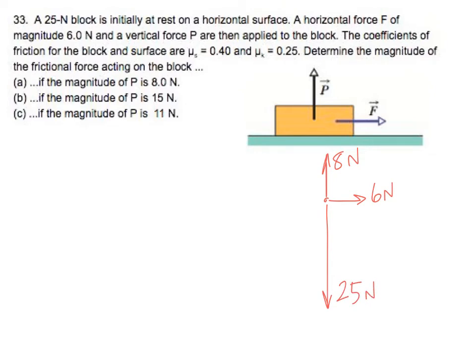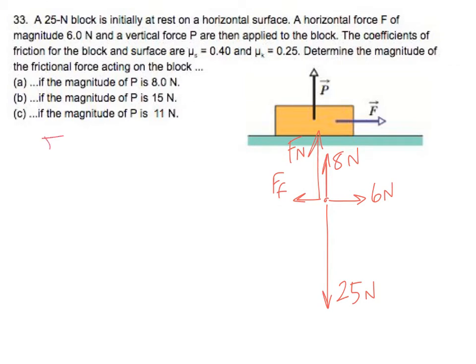Of course, that's not balanced out because there is a frictional force. That's what I'm trying to find. And then there's going to have to be some sort of normal force as well. The key thing in order to figure out whether this object moves or not is to figure out what is the maximum value of static friction and how does that compare to the pulling force of 6 newtons.